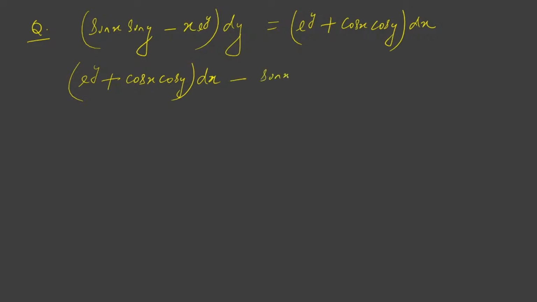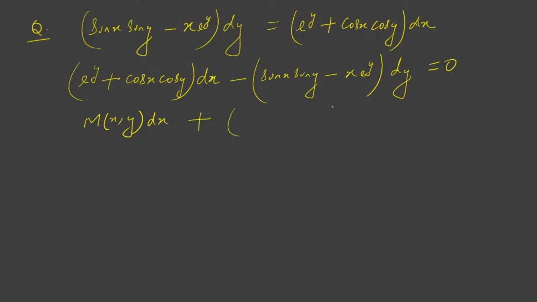So (e^y + cos y) dx − (sin x sin y − x e^y) dy = 0. So this equation is again of the form M(x,y) dx + N(x,y) dy = 0.